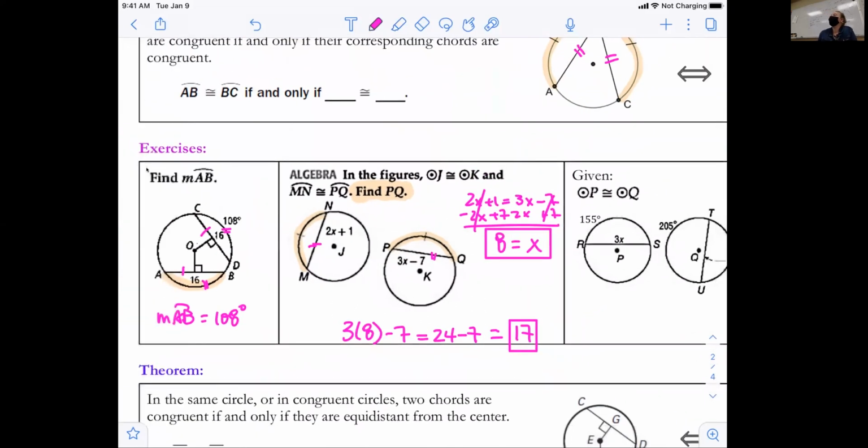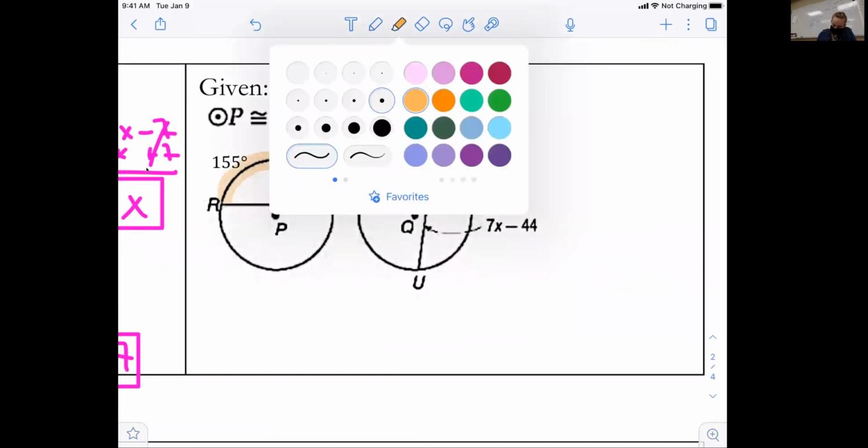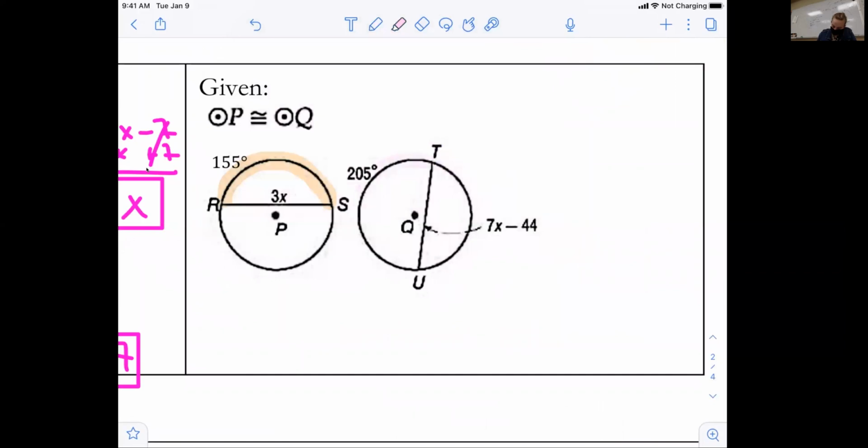All right, one more like these. This one says, given circle P is congruent to circle Q. And it also tells me that this is 155. And it tells me that this arc is 205. Those aren't congruent.